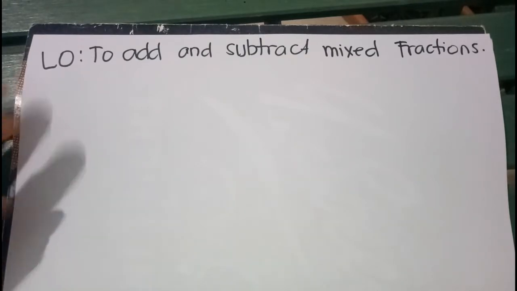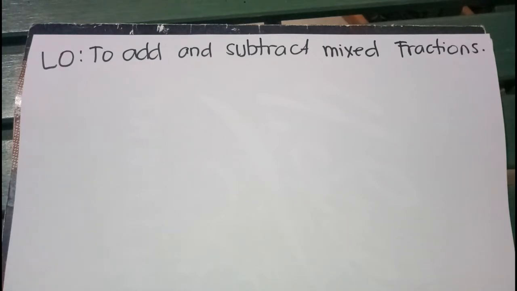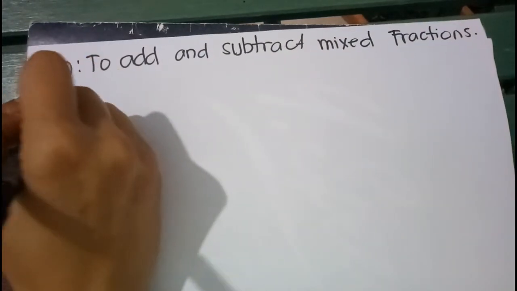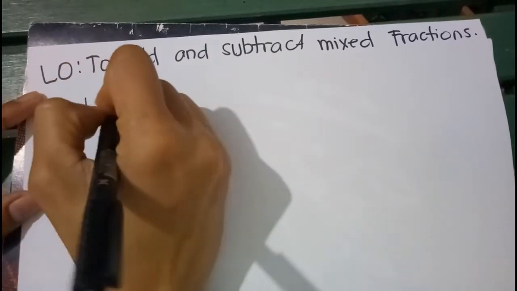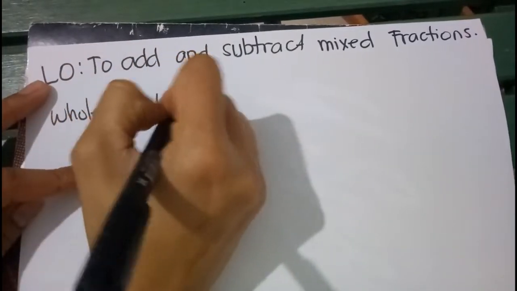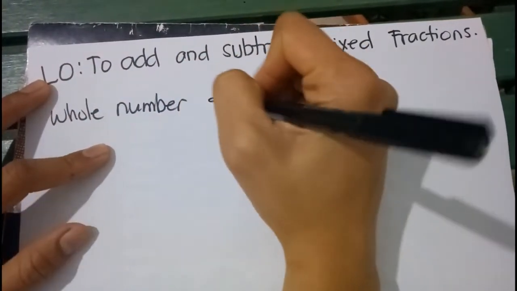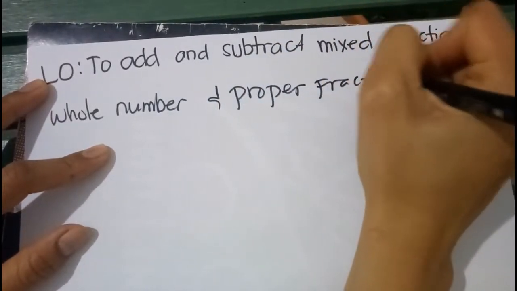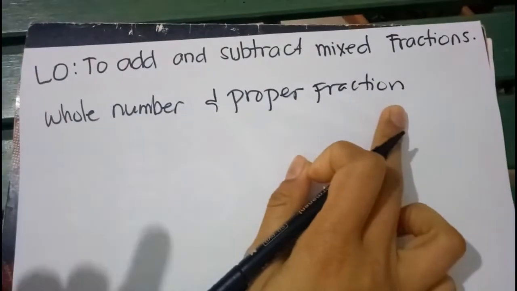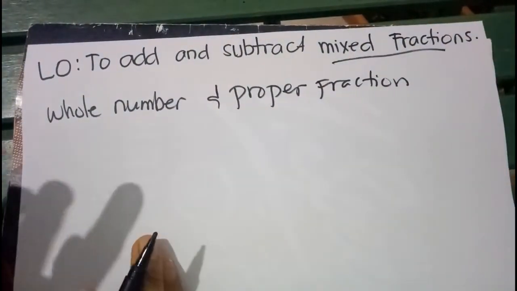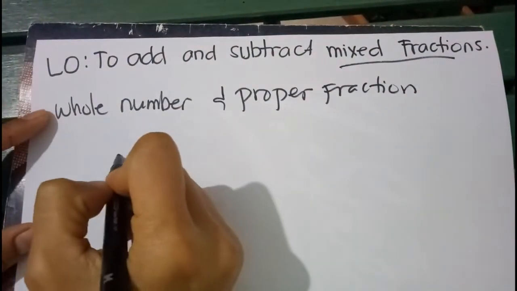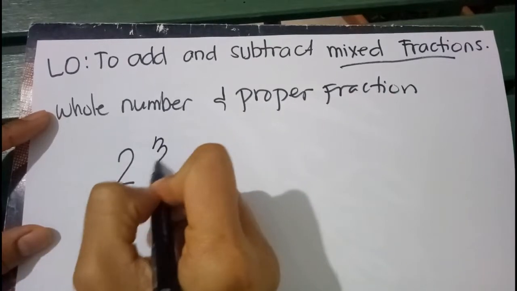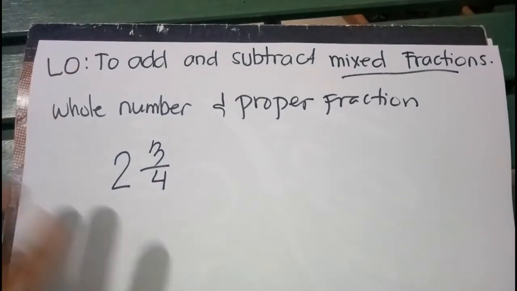What's a mixed fraction? A mixed fraction will always have a whole number and a proper fraction. For example, we have 2 and 3/4.